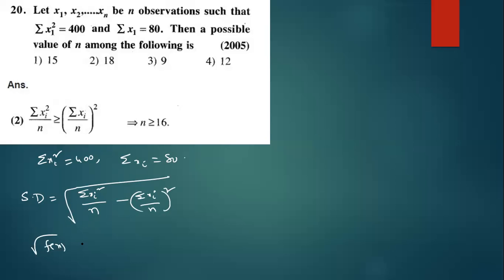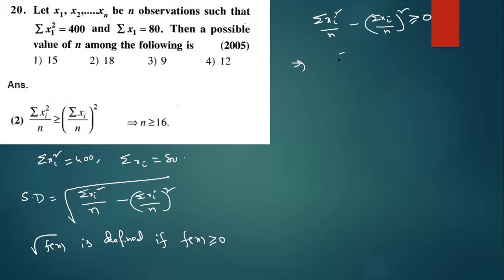Root f of x is defined, domain concept, if f of x is greater than or equal to 0. That means sigma x square by n minus sigma xi by n whole square is greater than or equal to 0.